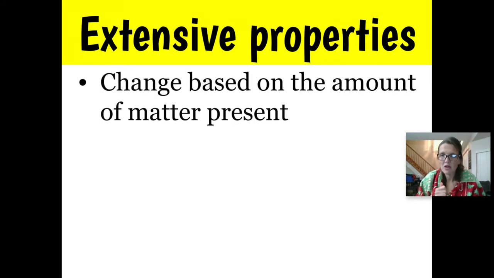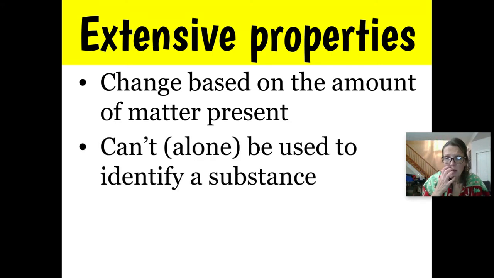Like if you start with one scoop of something and then you add 3 more scoops, the property you're looking at would be different because you added more matter. Because they change based on the amount of matter present, you cannot use them to identify a substance.